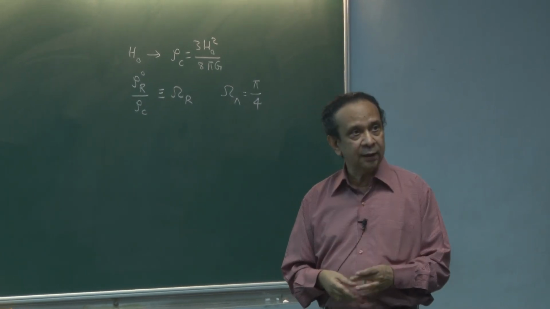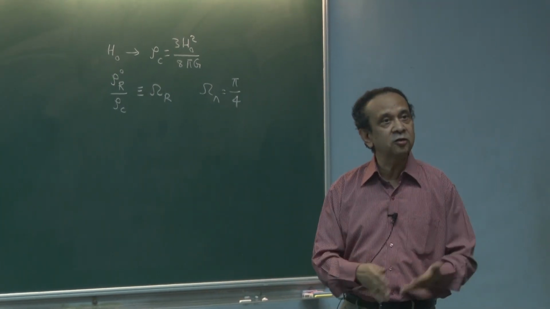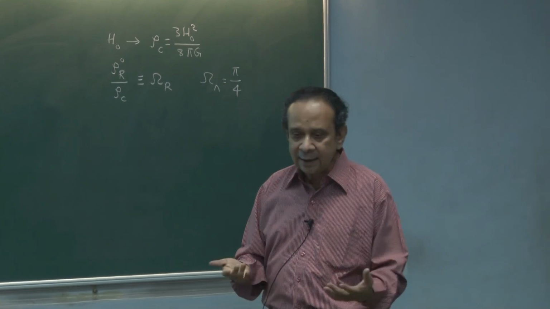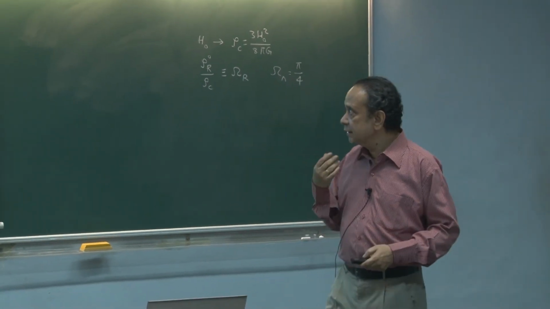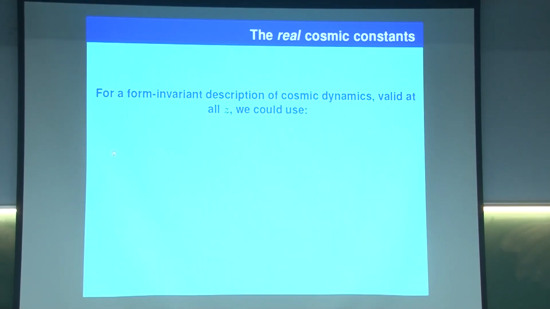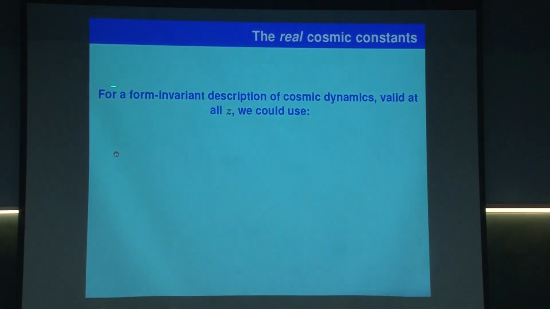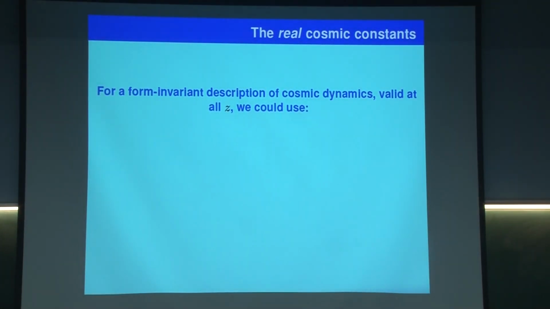This is not very difficult. I mean, of course, if you have one set of such numbers, any function of those numbers will also be another set. So, it is at that time you try to use whatever is convenient. So, using this, let me give you a description of our universe, where you have the real cosmic constants coming in. And I have already said that you want a form invariant description of cosmic dynamics valid at all z.